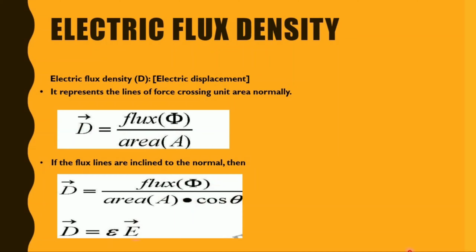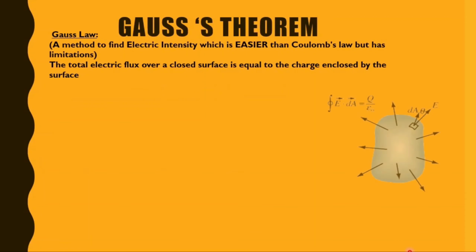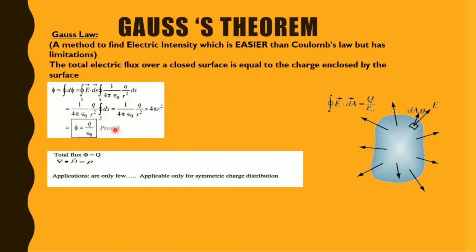Okay, now the next is the Gauss theorem. Gauss theorem is a method to find electric intensity which is easier than Coulomb's law but has limitations. It states that the total electric flux over a closed surface, we do a surface integration of d phi.